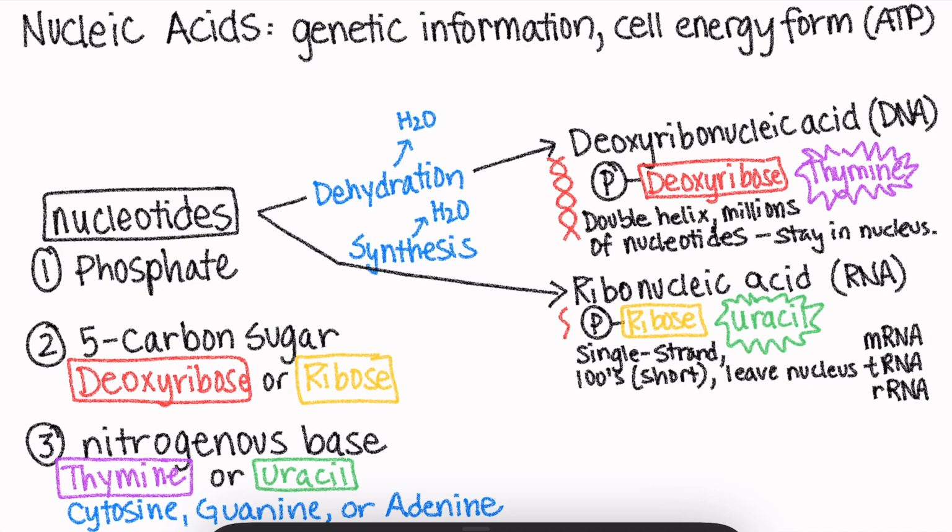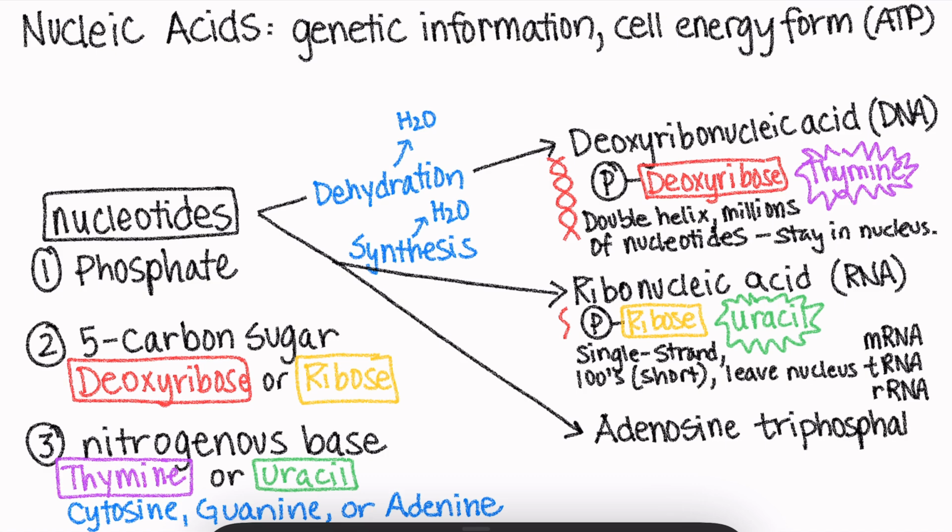in the cell chapter. Now, there's one more kind of nucleic acid that we should mention, and that's called adenosine triphosphate. It's not a polymer like DNA or RNA. It's a single nucleotide. So put a special structure.